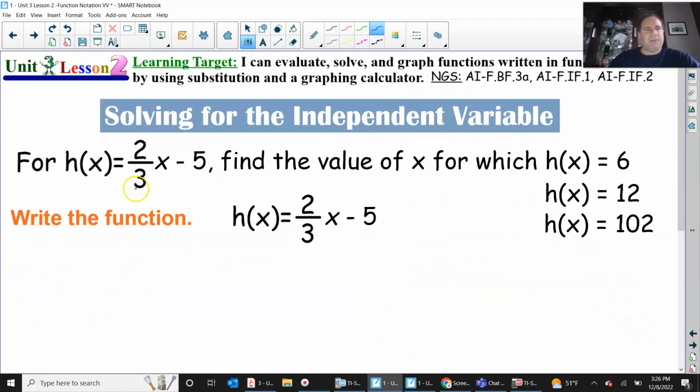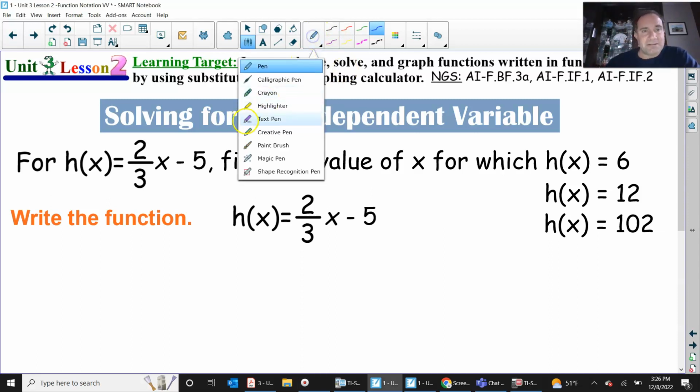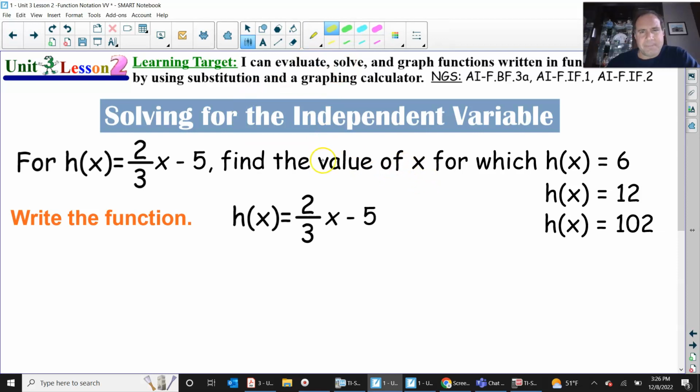All right, here we go. This is a little bit different. It says, for h of x equals 2 over 3x minus 5, find the value of x for which h of x equals 6.